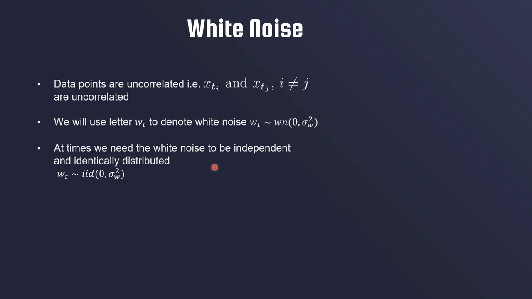Independence is harder to achieve than lack of correlation. Specifically, if I say that W_t follows a normal distribution with mean 0, variance 1, it means that the time series is independent and identically distributed with a standard normal distribution.